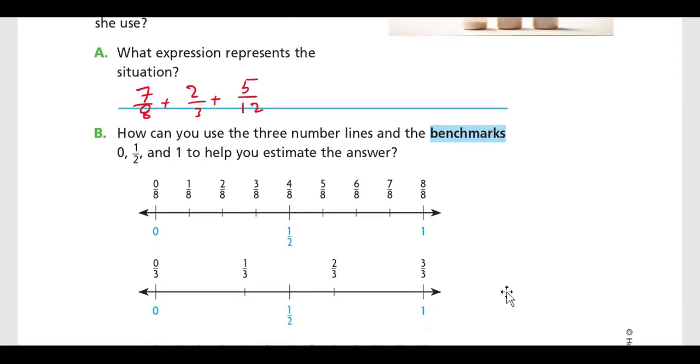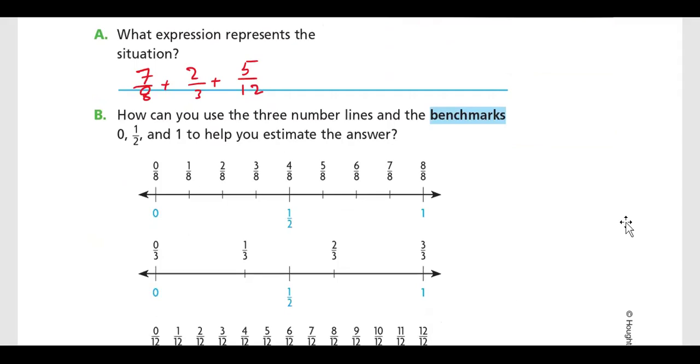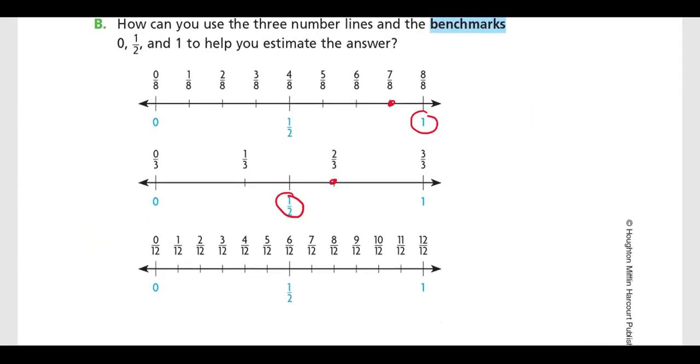So now we need to estimate these numbers. 7 over 8 is close to 1. 2 over 3 is close to half. And 5 over 12 is also close to half.